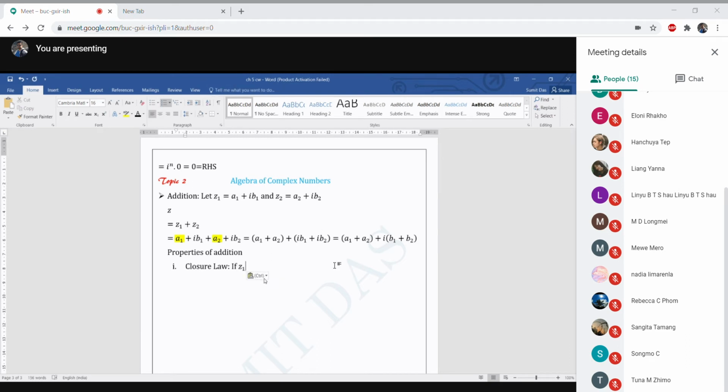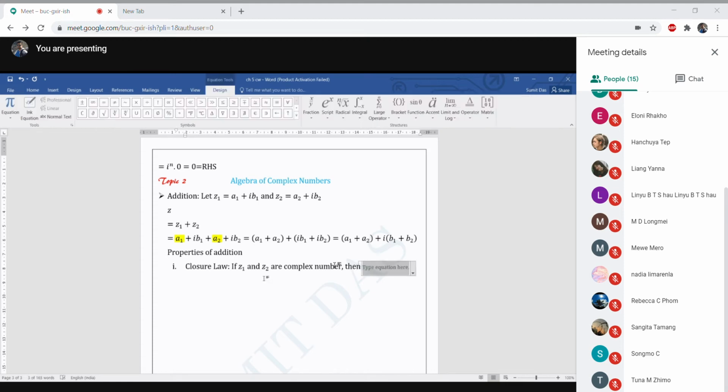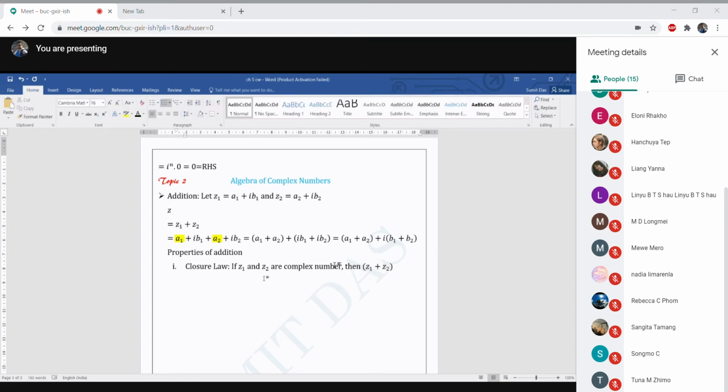If z1 and z2 are complex number, then z1 plus z2 is also a complex number, right?